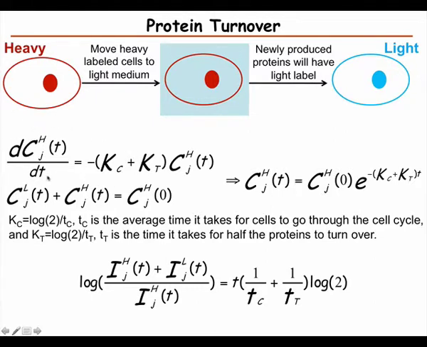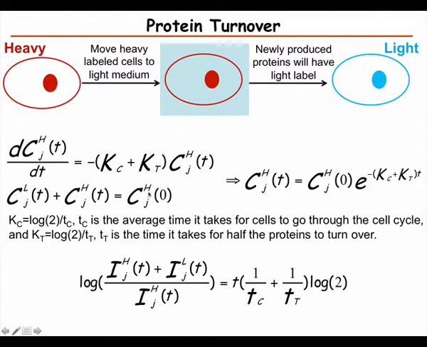So these are the equations. The assumption here is that everything is heavy in the beginning, and if you add up the heavy and light at each time point, you always have the same concentration.